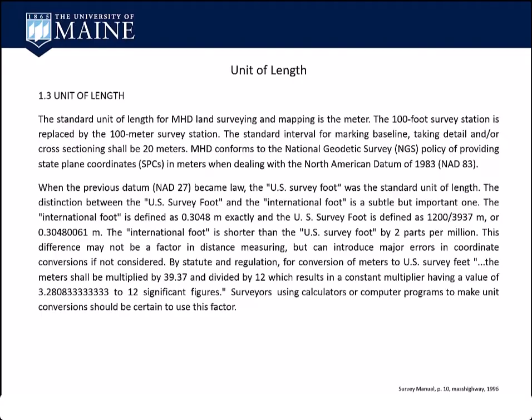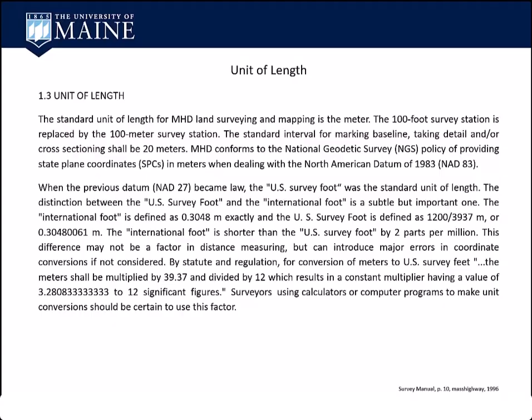The metrification guide, and they wrote all of these manuals in metric, and they still haven't changed the survey manual. This is still the current survey manual. It's still in metric. But they had to change everything else because the suppliers, when they talk about drainage pipes and frames for catch basins and stuff, it got out of hand.